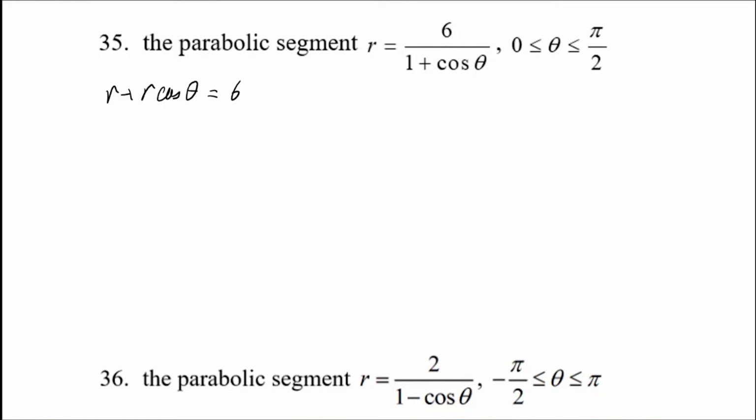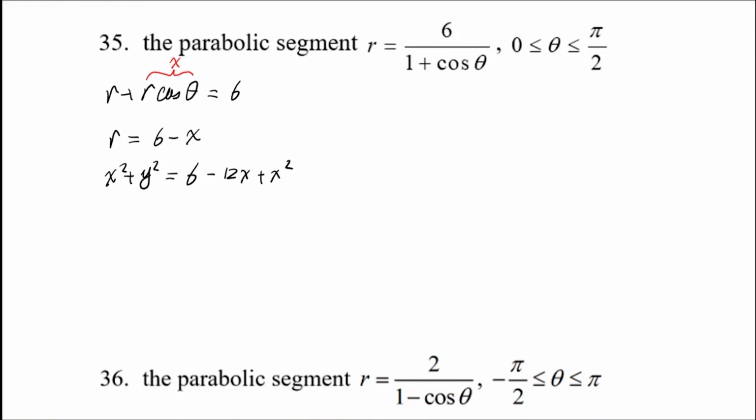Then, do you see that this thing is x? Yes, it is, huh? So that's x, and then I'm going to bring it back to the other side before I square both sides. You with me? Now we square both sides, so r squared is x squared plus y squared. And this is 36 minus 12x plus x squared.